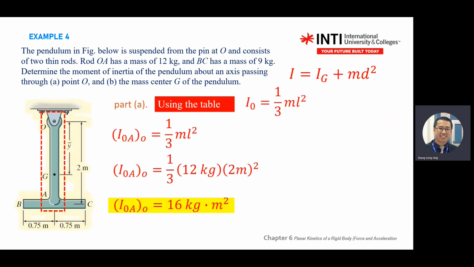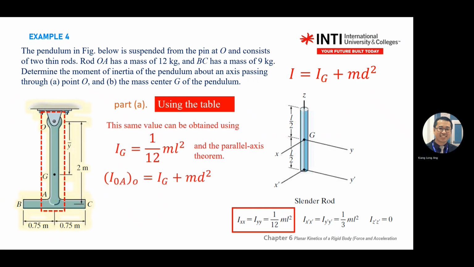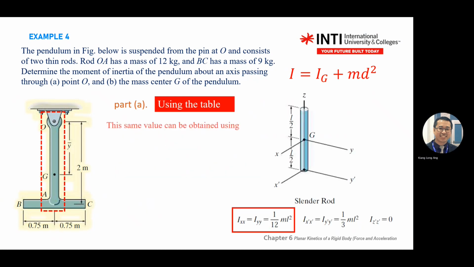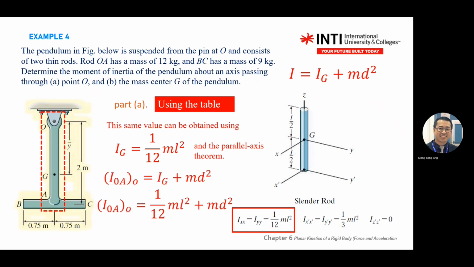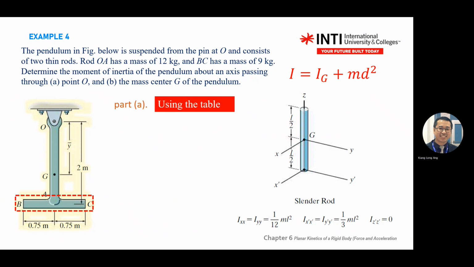So you have done the first one, this OA, but this object has 2 components. You cannot stop there. You have to do BC. So what is BC? Also a rod. You look at the diagram and compare side by side.